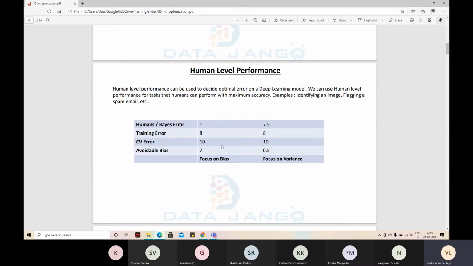I was looking into one of the use cases most recently, and there we need to extract some things like headings. In some documents there is no heading. So when you read through the email or whatever document, you may not be able to find the heading for everything because you may not know the business. In that case, human level performance is going to be 80%.